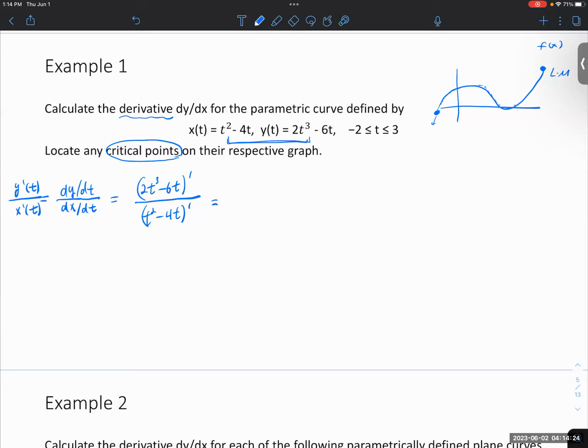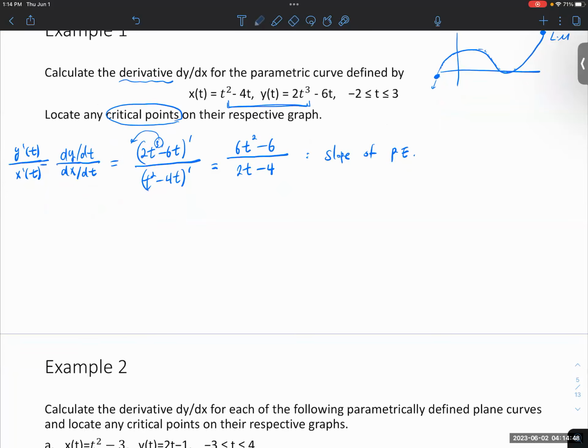So the numerator will be 6t squared minus 6. You bring the exponent to the front, that's how you take the differentiation. And then the bottom one is 2t minus 4. So this is the slope of the parametric equation for the given two functions.